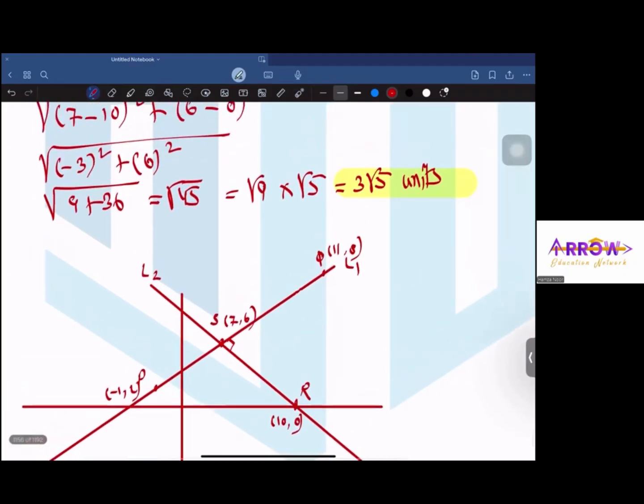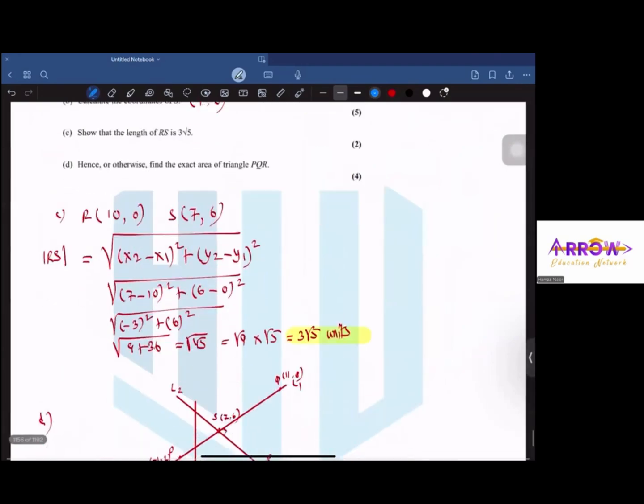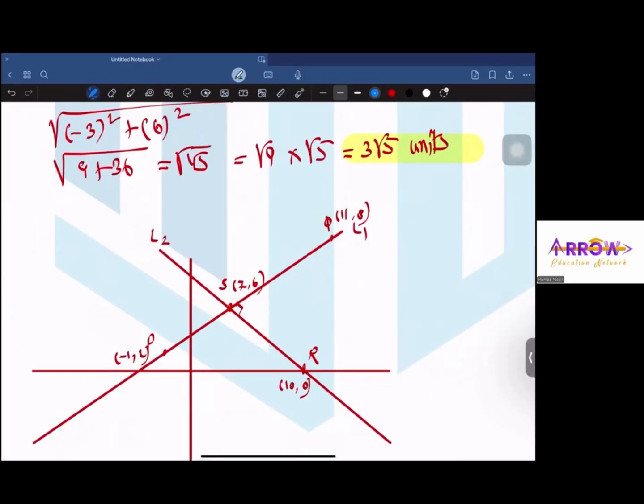So what we need to find is the area of the triangle PQR. Okay, so PQR, I'm going to connect the points over here. All right, we need to find the area of triangle PQR.